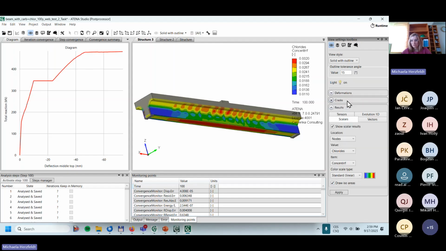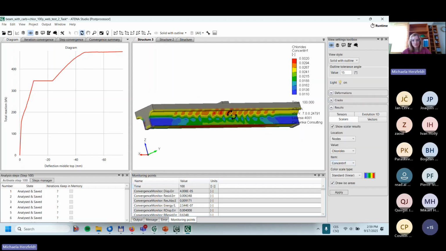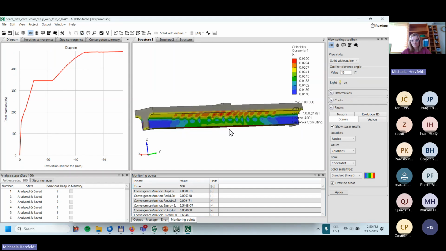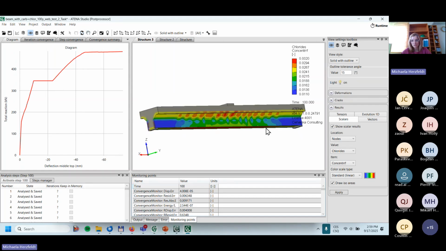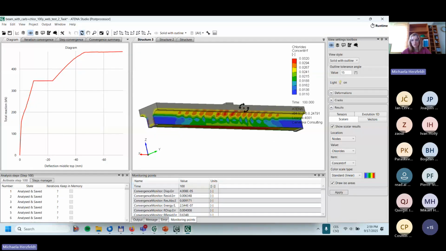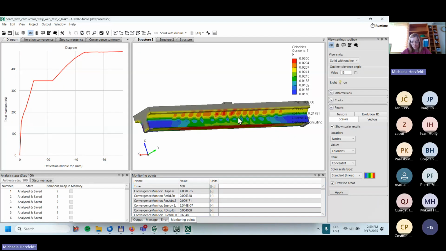And I actually have chlorides here. This is the resulting concentration of chlorides. It's maybe good to point out that for chlorides, the concentration develops from the surface towards the inside of the structure. It's not the same everywhere.